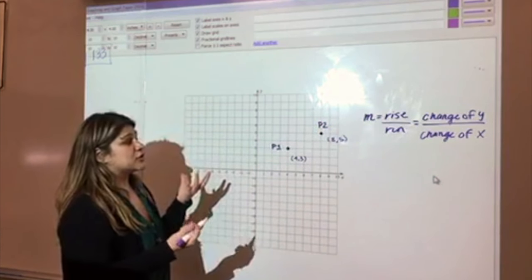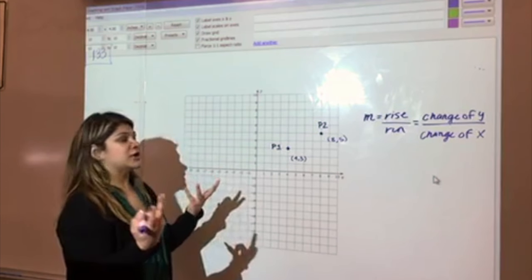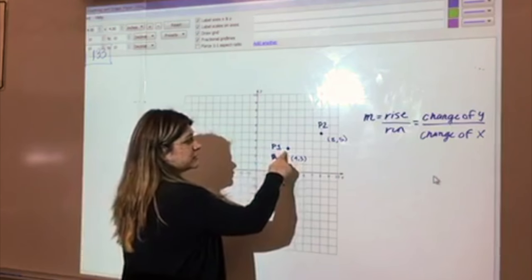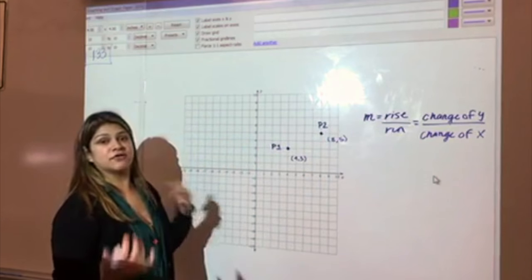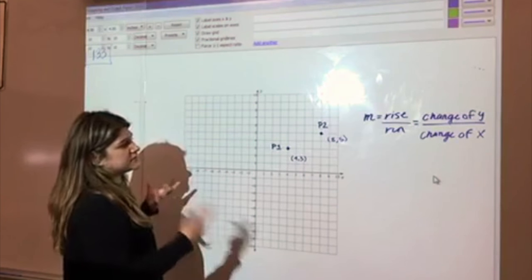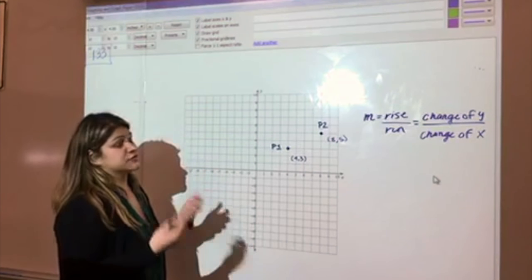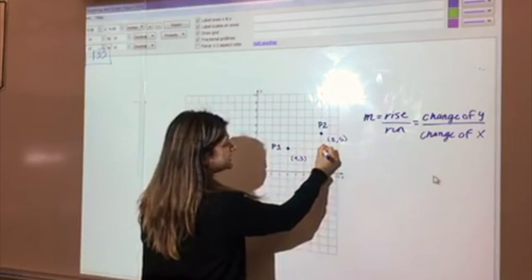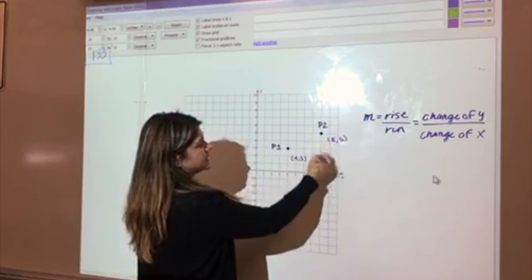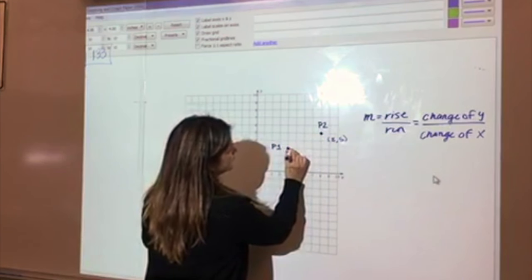We know that there are 2 axes or 2 directions, and to get from this point to this point, I have to either go up, down, left, or right. Since we're usually dealing with x first, I'm going to see how many units to the right I have to move to get to this point.